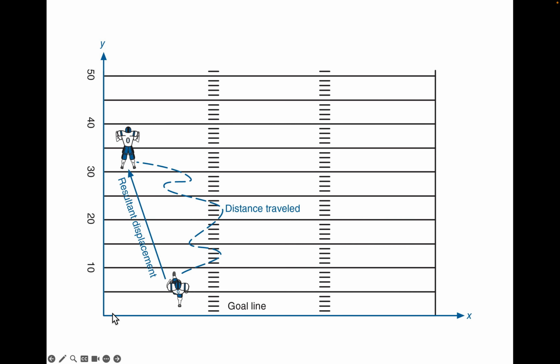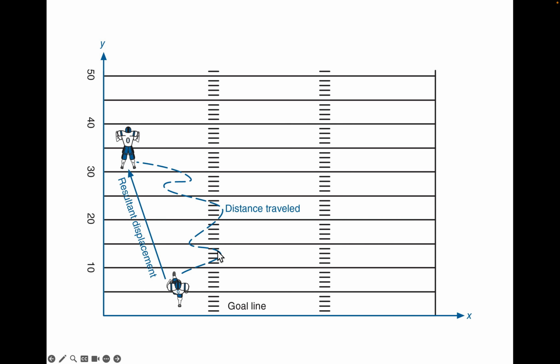So here's a diagram of another person running. This helps you better understand the difference between distance and displacement. This dashed line path is what the player actually ran. Notice the player cuts back and forth, and eventually gets tackled right here.